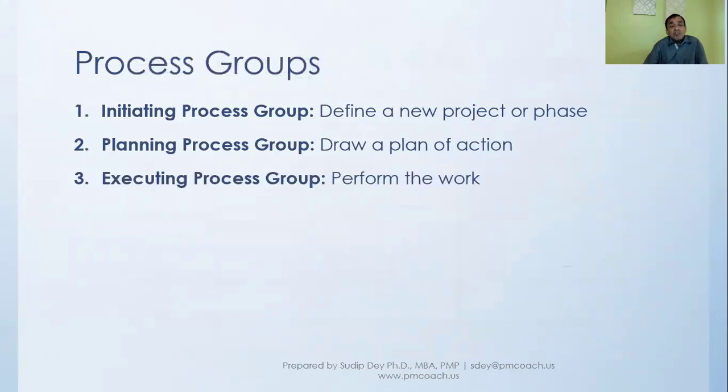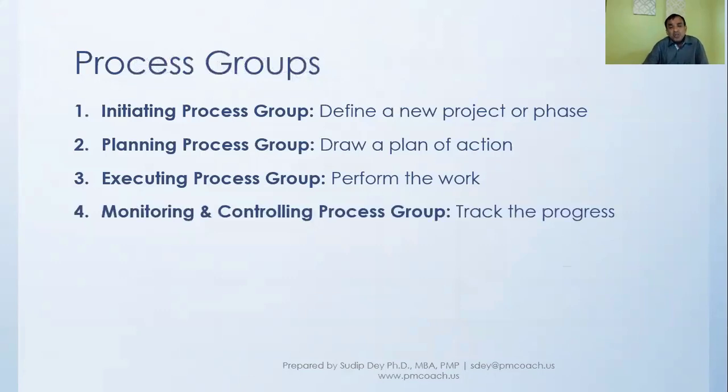Then you have the executing process group, where you actually execute the project, actually perform the work. So all the processes within the executing process group work towards execution based on the plan that you have made. And then the monitoring and controlling process group is about tracking the progress.